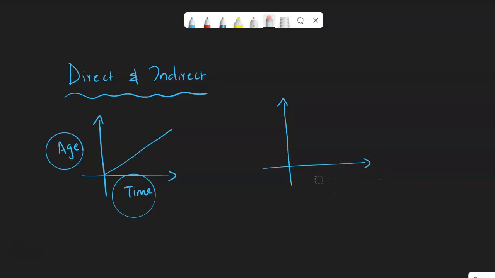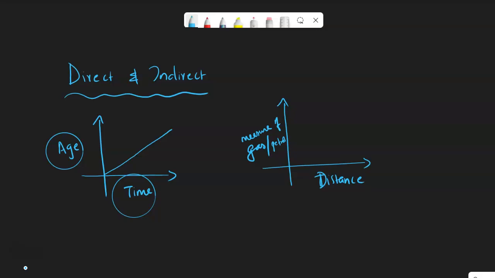Okay, so this is time or distance, and this is the measure of gas, or simply the petrol or diesel, in your car or truck or whatever it may be. Okay, as distance goes up, the amount of gas is going down.